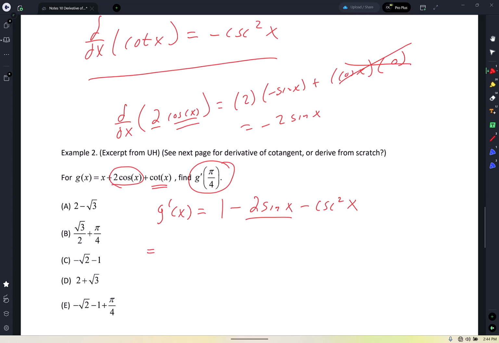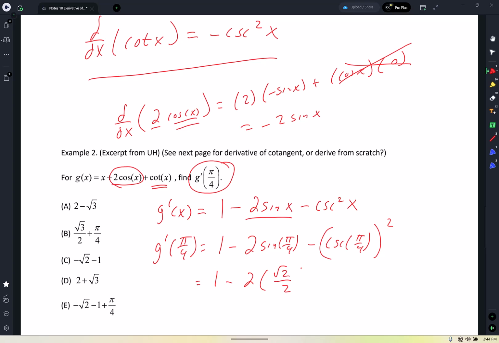Okay, here we go. How do we feel? No questions so far, right? We're good. Let's now do g prime of pi over 4. G prime of pi over 4 equals 1 minus 2 sine of pi over 4 minus cosecant of pi over 4, and we're squaring that. So 1 minus 2, and what's sine of pi over 4? Square root of 2 over 2.